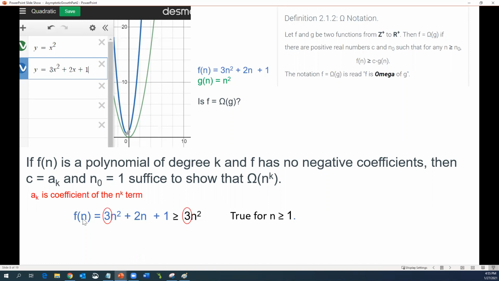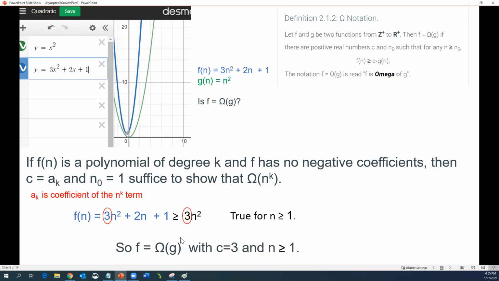Now we've done it. We've shown that f of n is greater than or equal to a constant times n squared for any value past a certain point. So we've shown that f is omega of n squared.